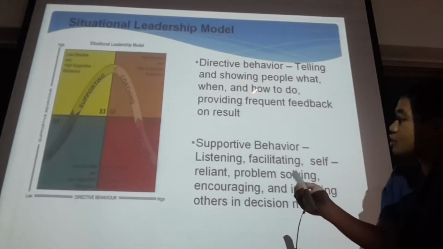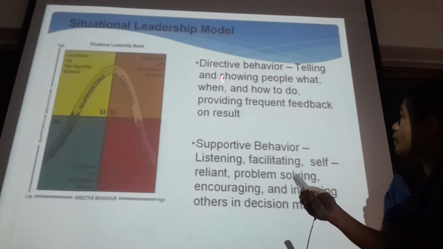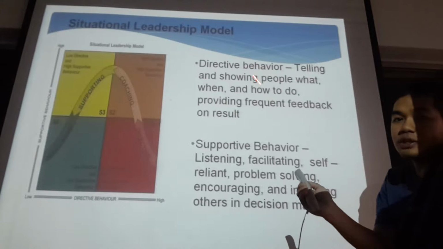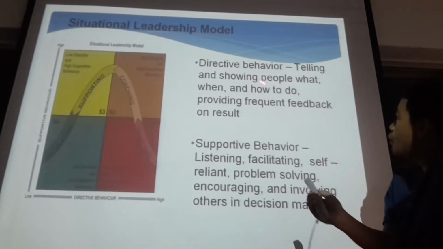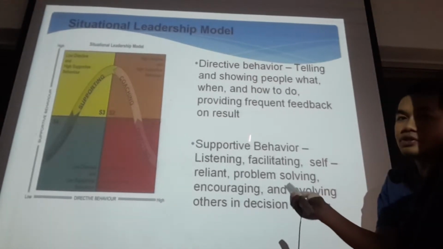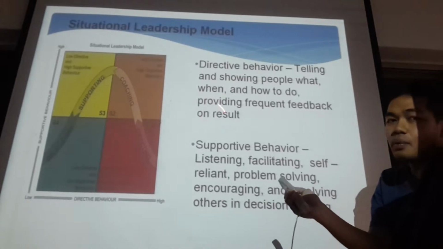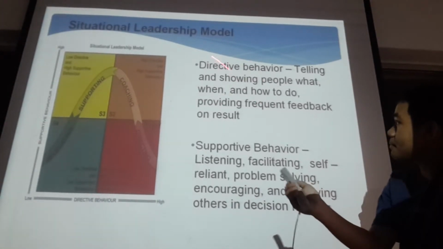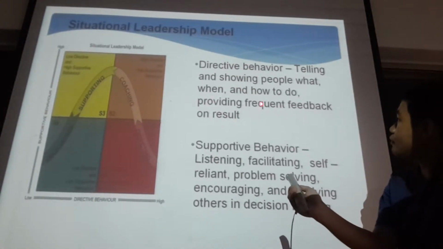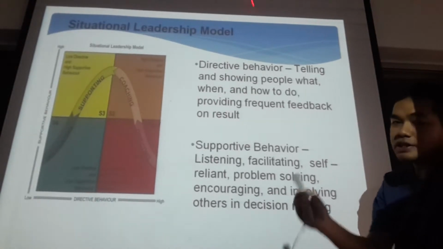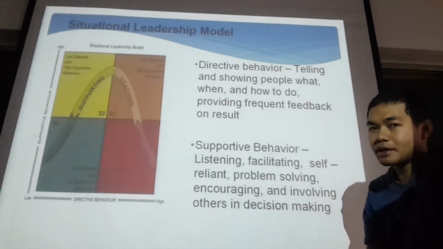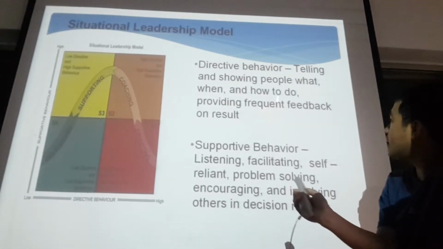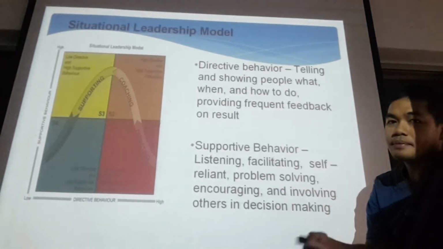Telling and showing people in your staff, your team member, or your followers what kind of activities they should do, when they should do it, and how to do it, like showing them. And provide frequent feedback on result. For example, your team member already did something, and you need to provide them frequent feedback whether it's good or not.